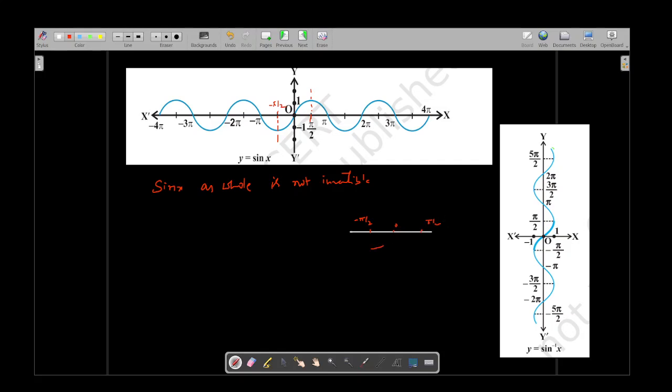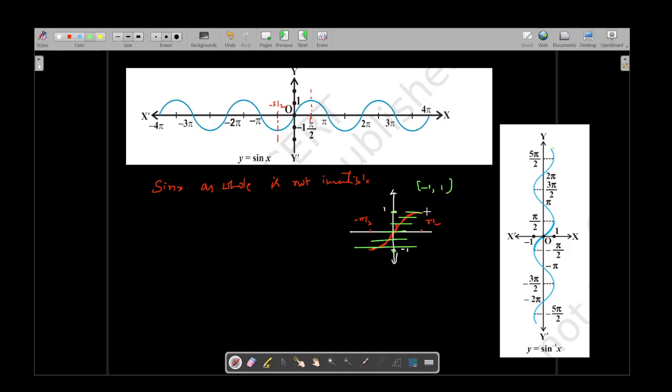So the graph looks something like this. This is my 1, this is my minus 1. Now if I pass any horizontal line through it, you can clearly see this is 1-1. And if we limit our vision from minus 1 to 1, this function is covering every value from minus 1 to 1, so it is onto as well.